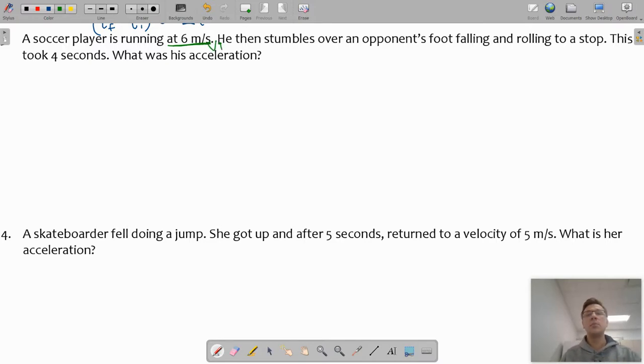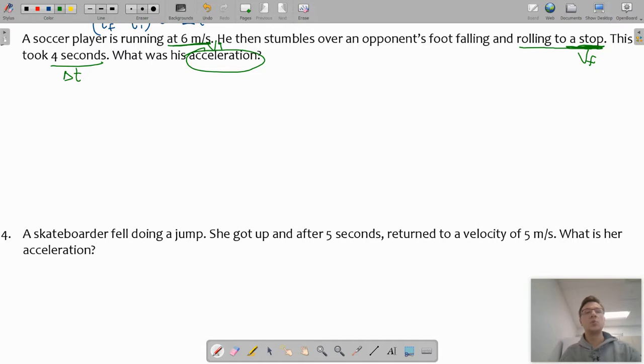He then stumbles over an opponent's foot, falling and rolling to a stop. Okay, so that is implying his final velocity is 0 because he stopped. Okay, and then it says this took 4 seconds, so that's going to be our time interval or change in time. And then again, what is his acceleration?